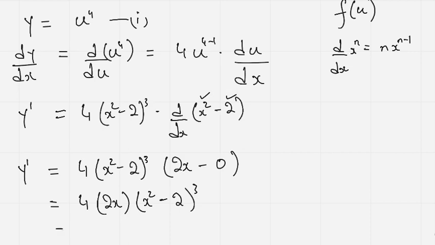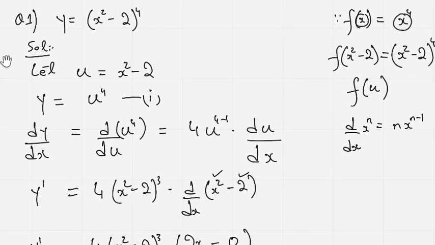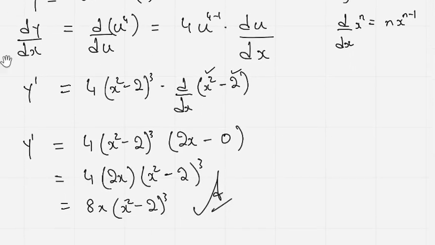So collectively it gives me 8x times (x square minus 2) whole cube. You can expand this, but I don't recommend that you expand and take a few more steps. There's no need right now. So you just stop your answer here, and this is said to be the derivative of this function within a function.